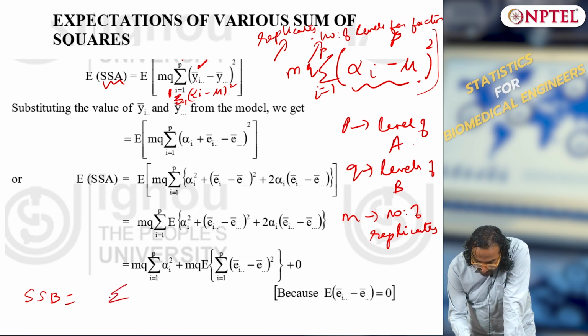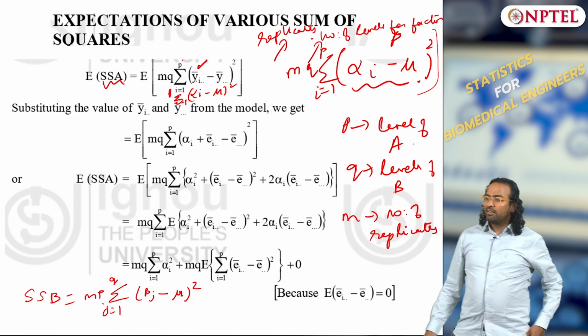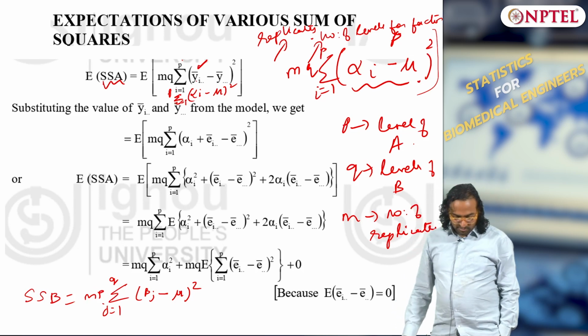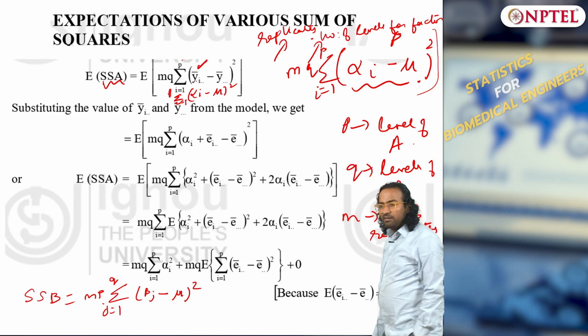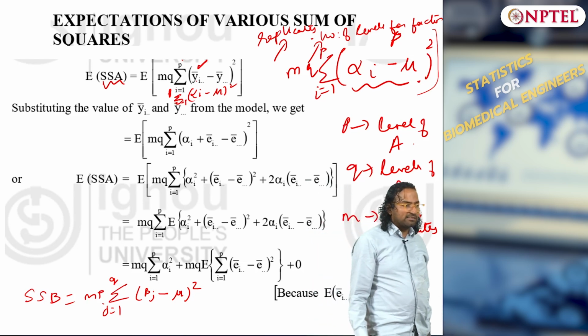This is summation j equals 1 to Q beta j minus mu the whole square, M replicates for P, this is my sum squared B, clear? Any questions, concerns, making sense?